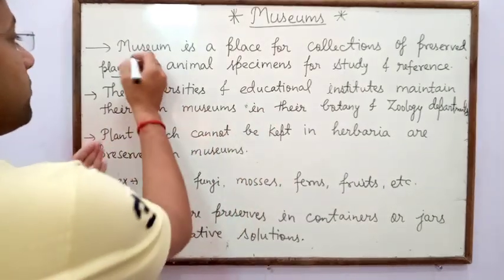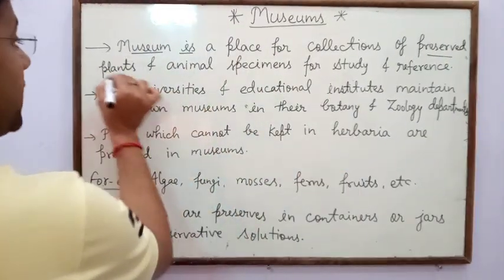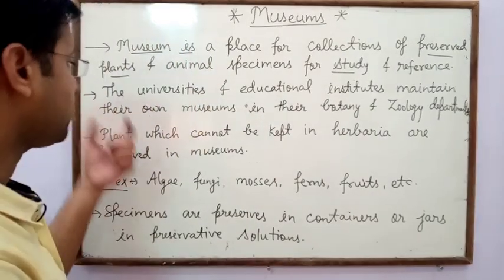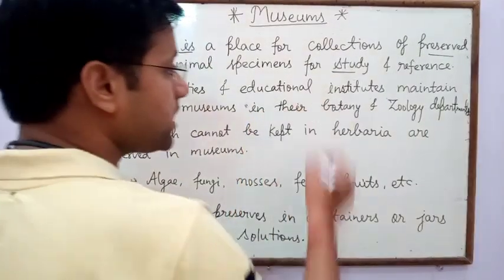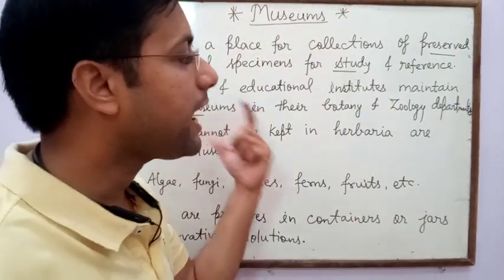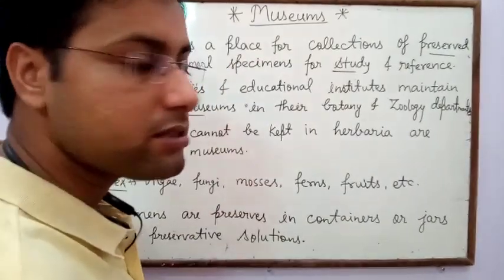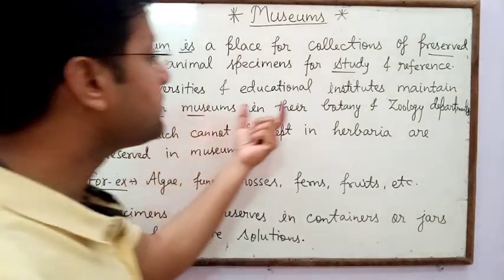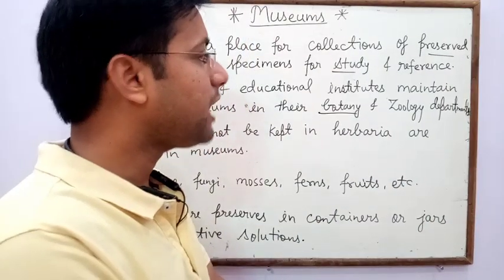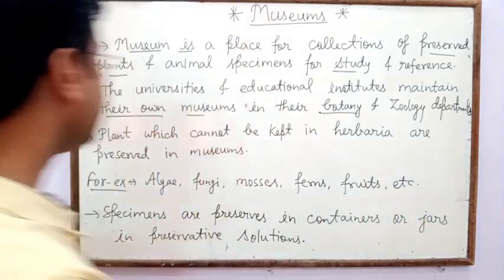The universities and educational institutes maintain their own museums in their botany and zoology departments. In botany, especially plant specimens, while in zoology departments, all the animal specimens.